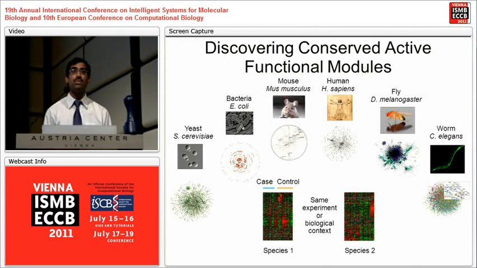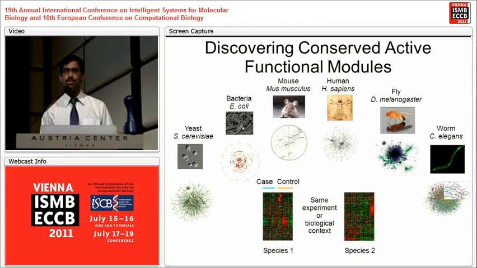Also, we have networks for several other species, and we would like to make use of all this genomic data. What we need now are approaches, tools, techniques and algorithms to integrate all this genomic data and make sense of your experimental data.